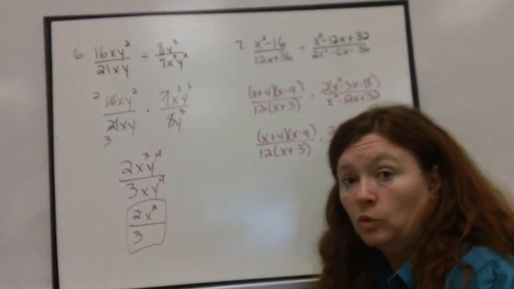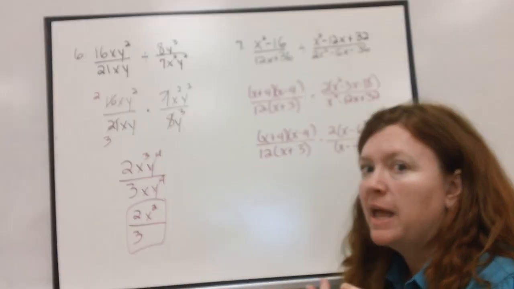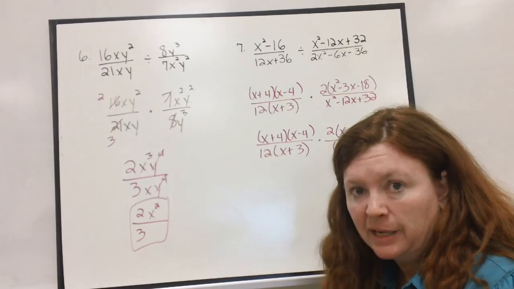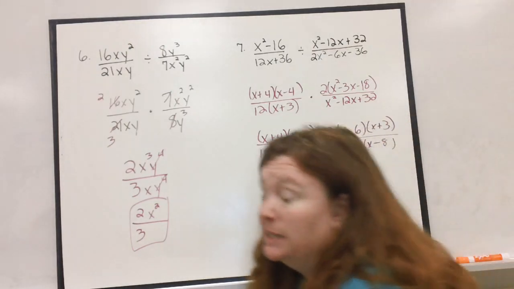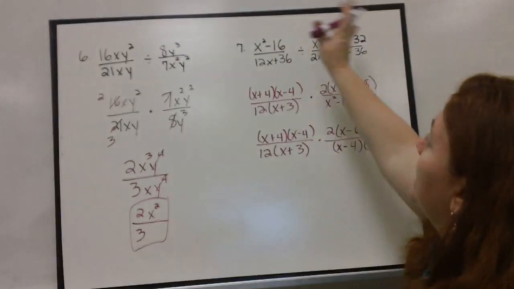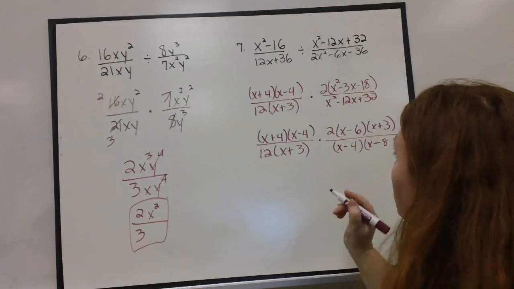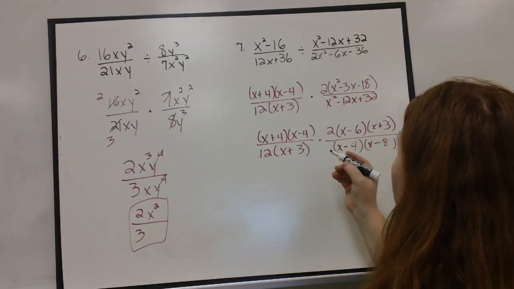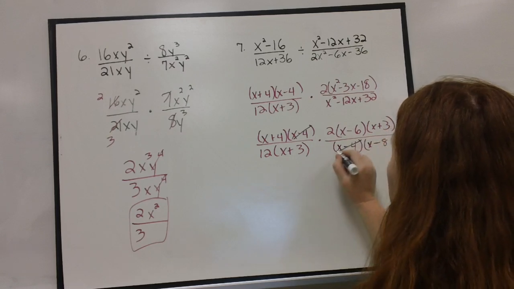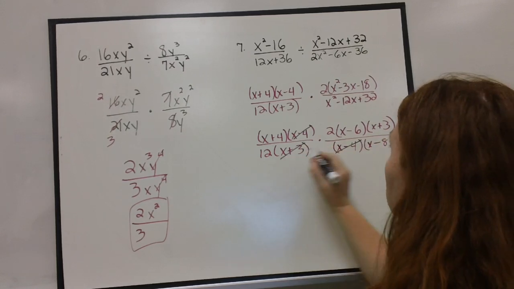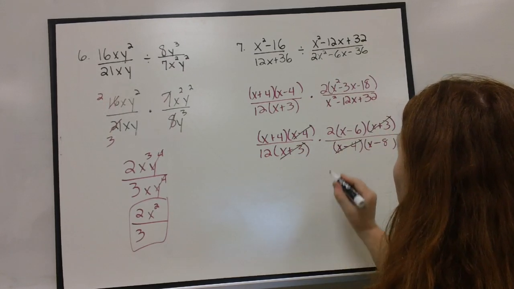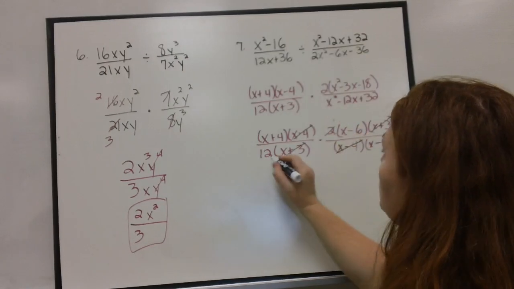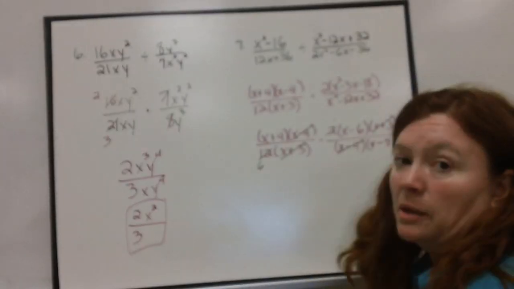Again, remember the first rule that I gave you. Factor every numerator, every denominator, then you can start canceling. So I didn't do any canceling until I had gotten to this point. Now let's just see what we can cross off. An x minus 4 with an x minus 4. An x plus 3 with an x plus 3. 2 goes into 12 6 times.